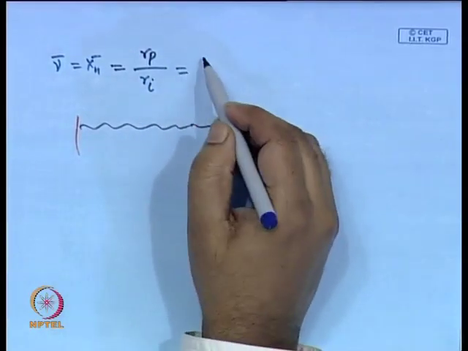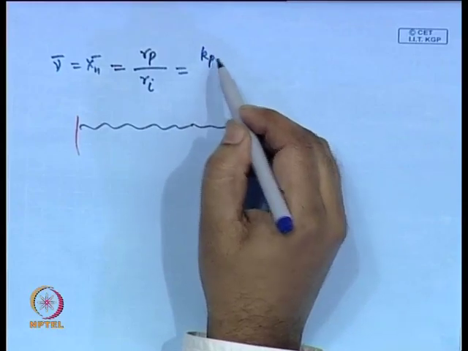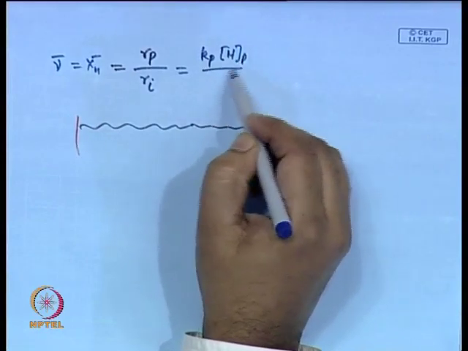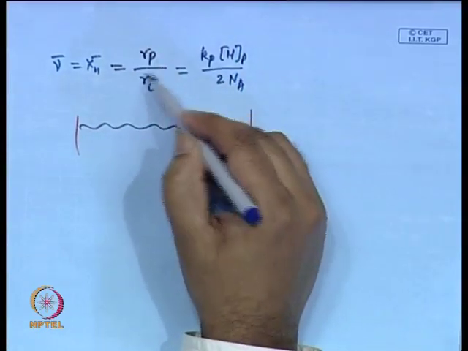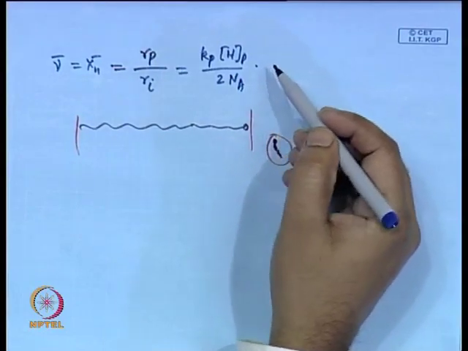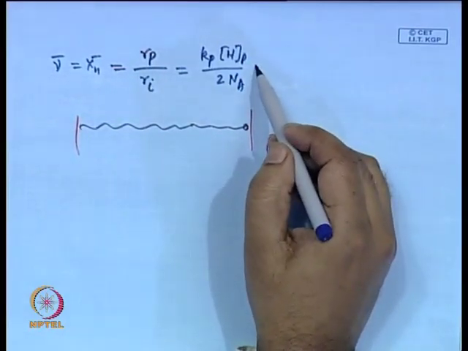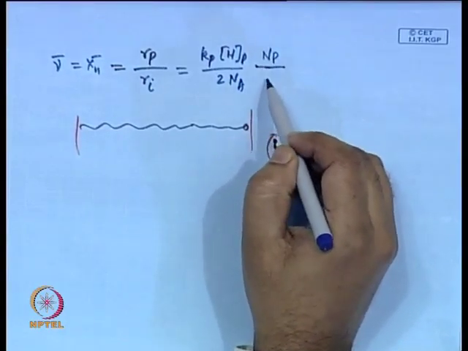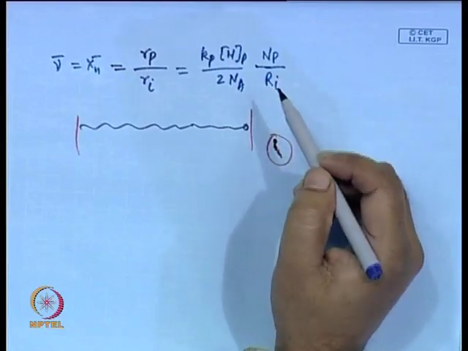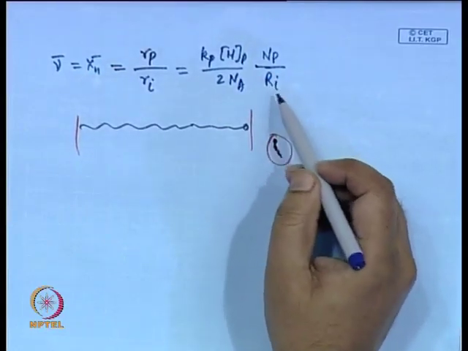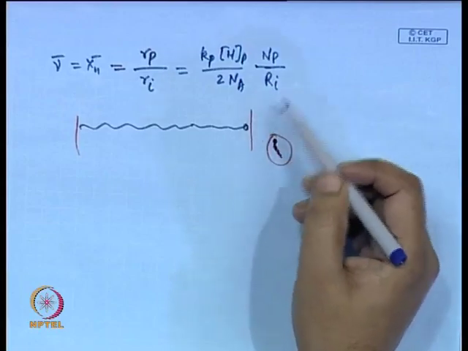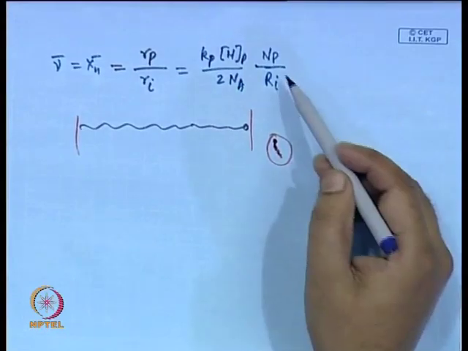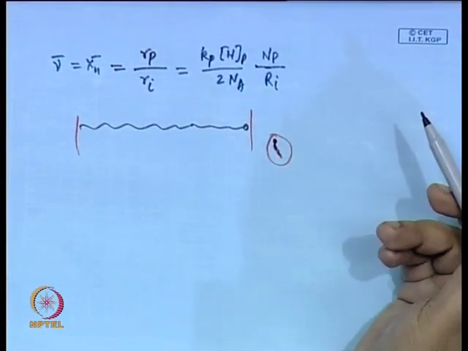Rp we have just now deduced: this is Kp Mp by 2 Na, that is Rp. Now, RI is given by RI divided by Np, where RI is the total initiation rate, the total number of initiators generated, and Np is the number of particles where they are going.